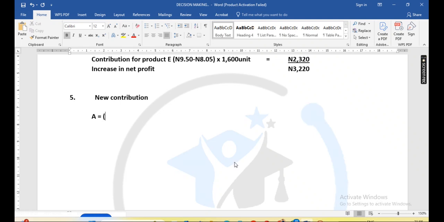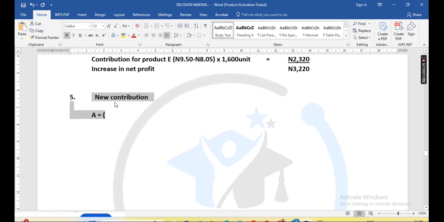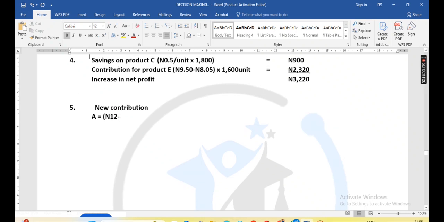So for product A, what is the sales? The new selling price: 12 naira per unit, right? Minus your variable cost.